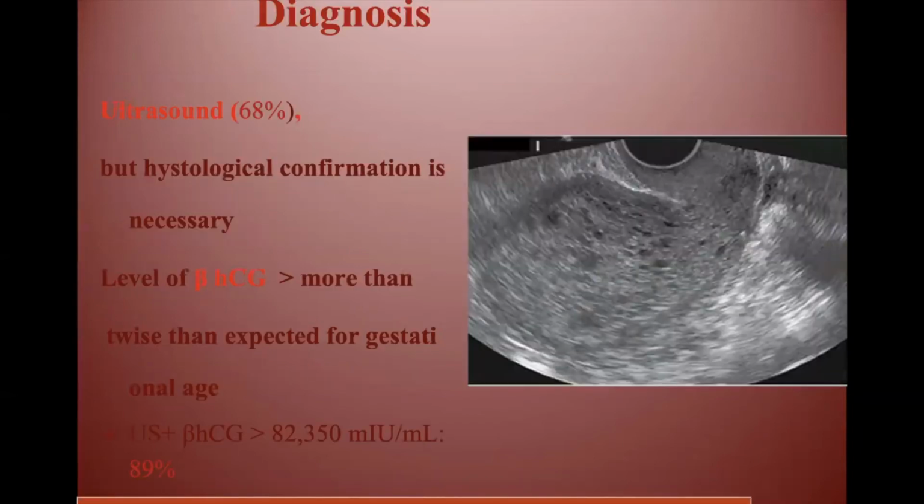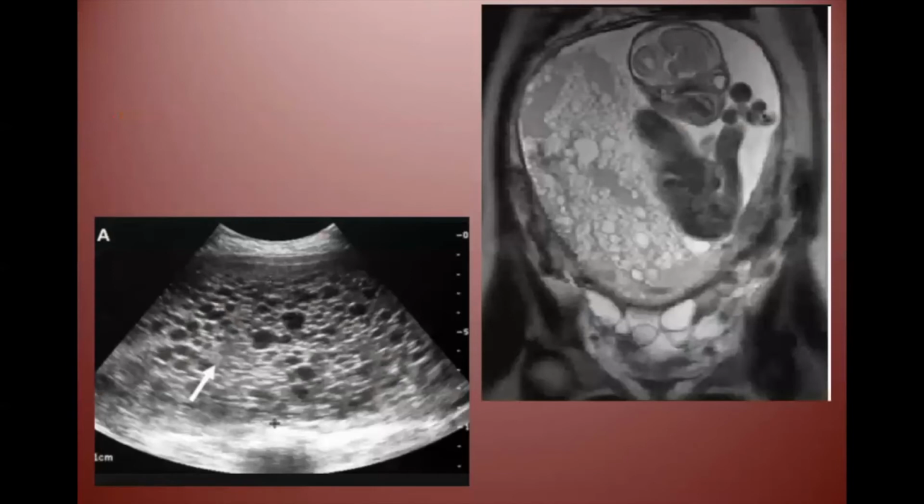How do we diagnose this? First of all, of course, we examine the patient. Usually she says that she has bleeding. And when we do an ultrasound examination, we will see a picture of a snowstorm, or we can see the grapes in the uterine cavity.